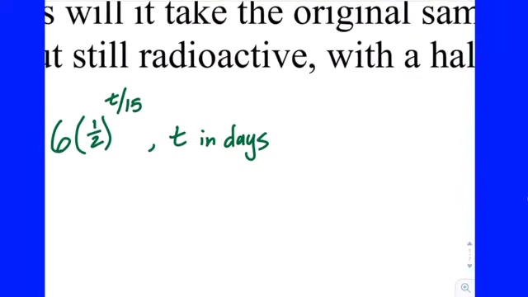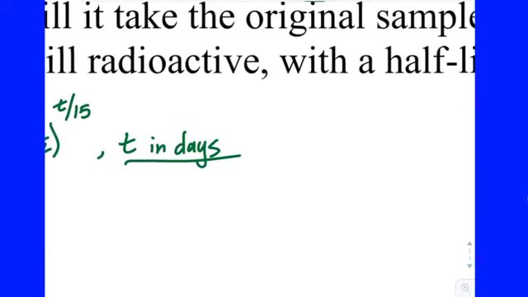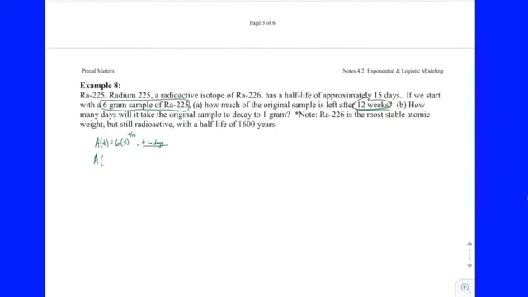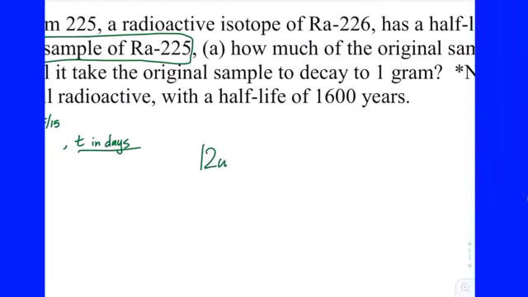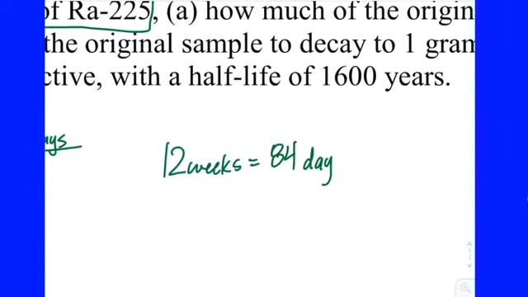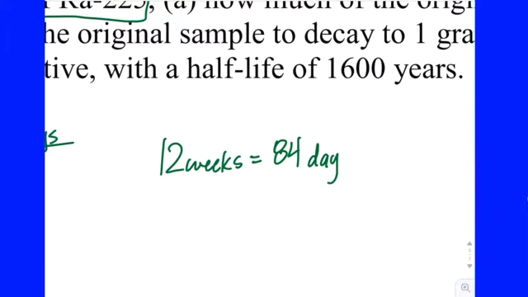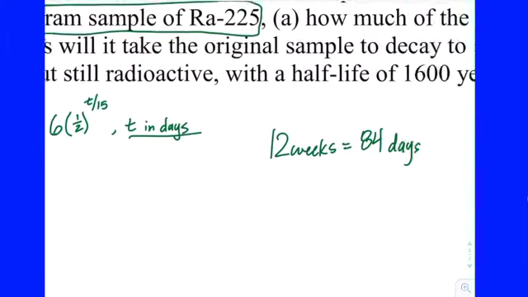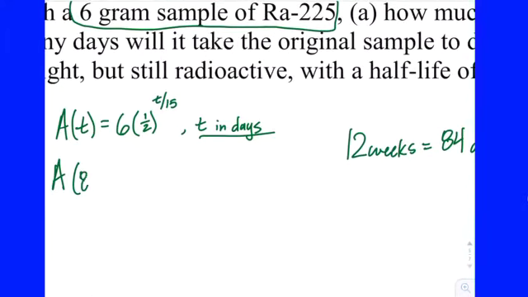Because we're measuring in days, you got to be very conscientious. 12 weeks is equal to how many days? 84. Good. Because there's 7 days always in a week. 7 times 12 is 84 days. So we'll put A of 84.